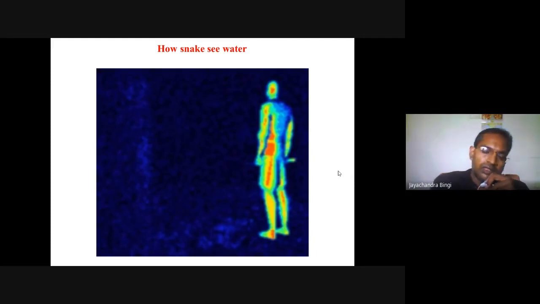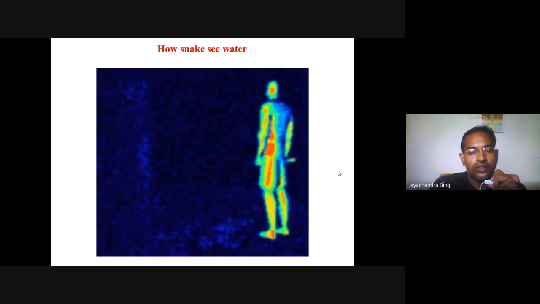Because we already did this experiment and achieved some results, we proved that snakes won't see water the way you think. Snake is able to discriminate water with respect to its contamination.